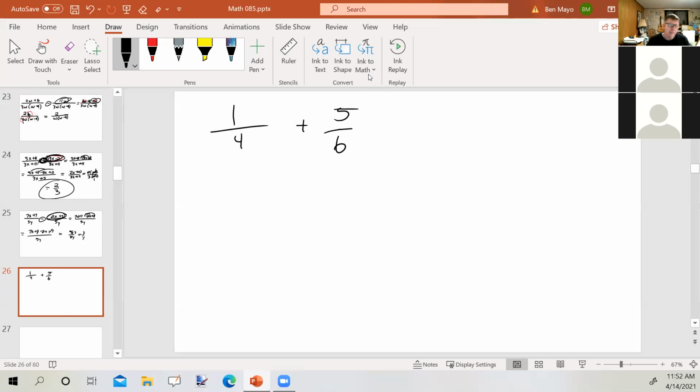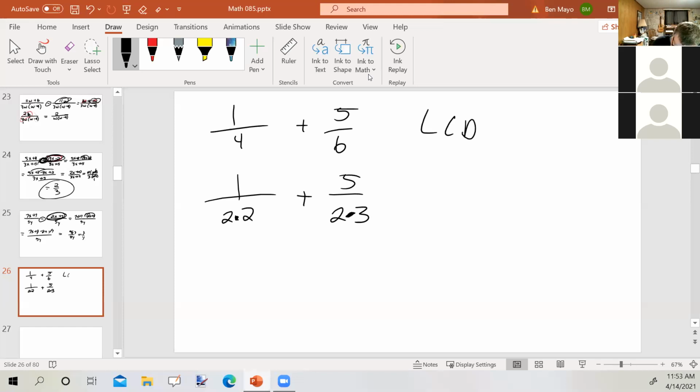Now, this one hopefully is easy to see, but let me go through the process of how you would find it if you couldn't see it. What you do is you factor each denominator down into its prime factors. So 4 is 2 times 2, and 6 is 2 times 3.